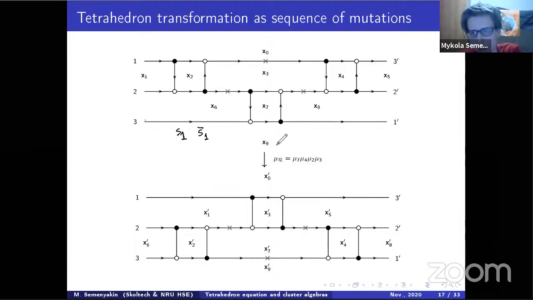And so any word belonging to diagonal subgroup and corresponding Bruhat cell can be parameterized using only these tetrahedron Lax matrices. And tetrahedron relation itself, which is drawn here, is simple relation, Coxeter relation in this diagonal subgroup.